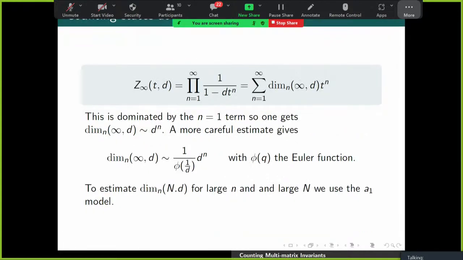We can expand that out. We take the z infinity of t, expanding in t, we get the dimensions. So you can see that the dimensions for n equals infinity grow as d to the n, which is growing exponentially.